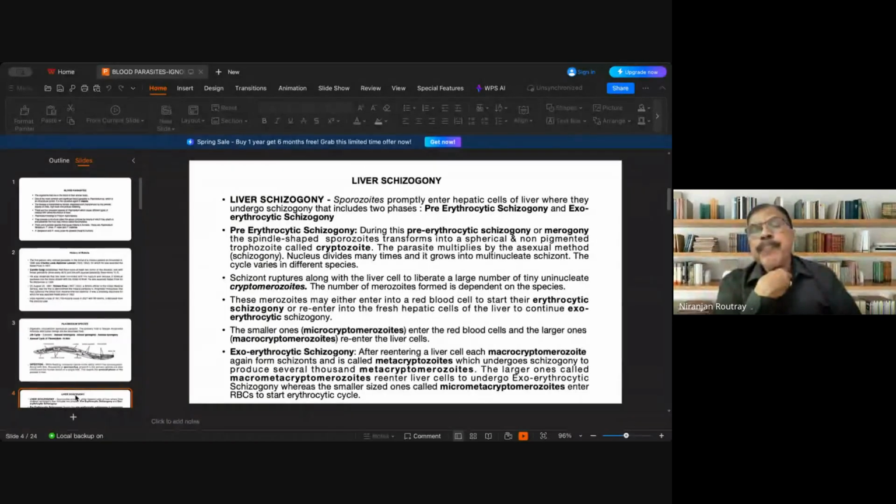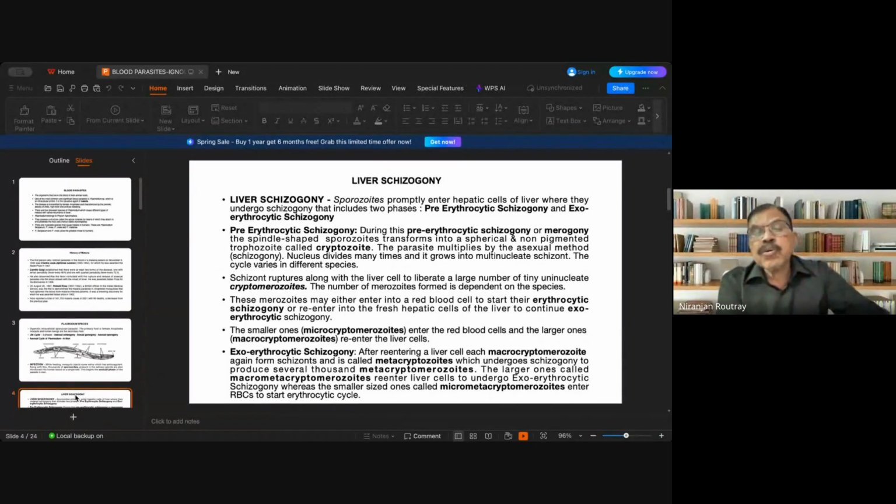So that is why they continue depending upon the host's health condition. So they may enter into the RBC, or they may continue the schizogony phase in the liver cell, and it is called exoerythrocytic schizogony.